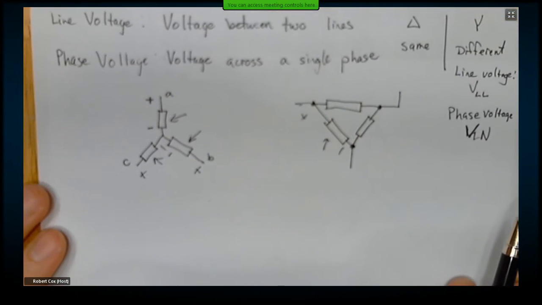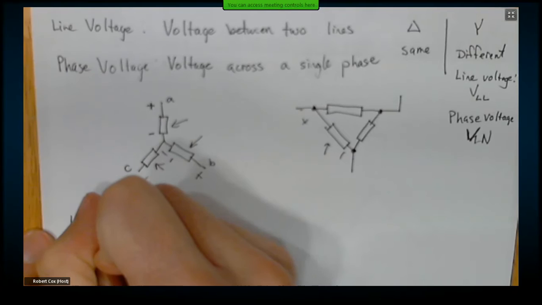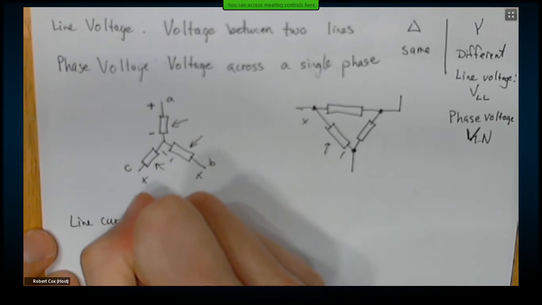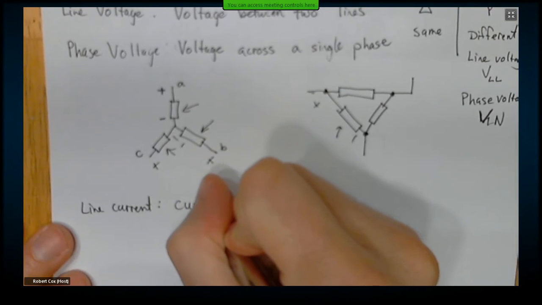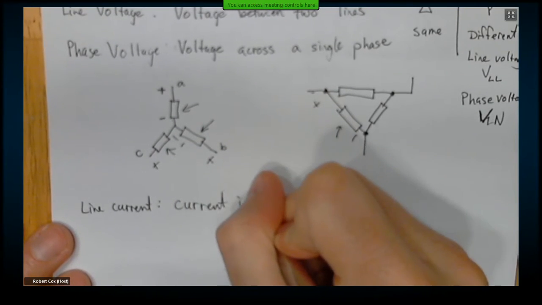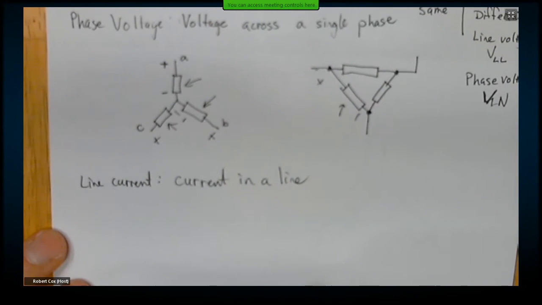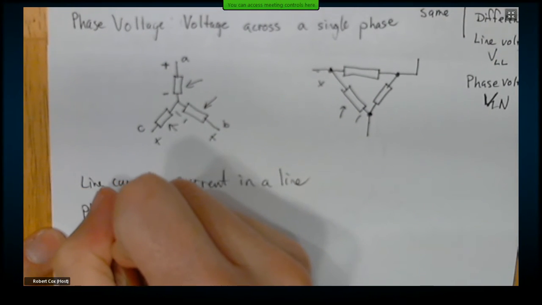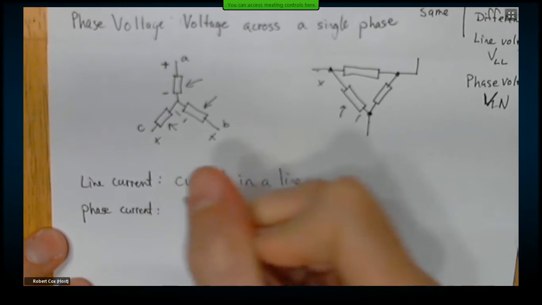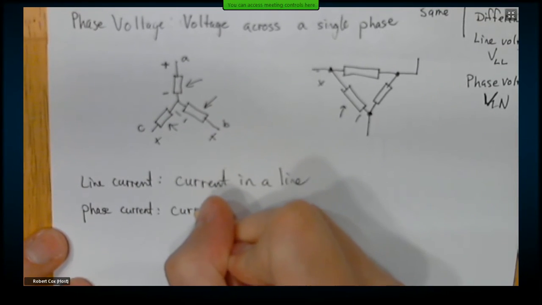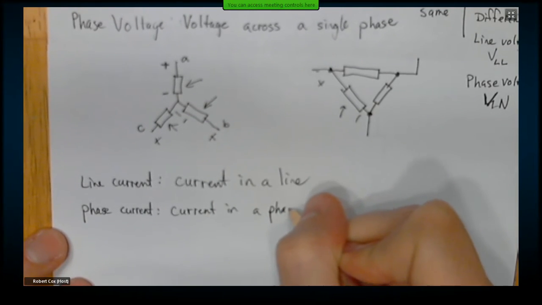If I talked about currents, line current is current in a line. Phase current is current in a phase.